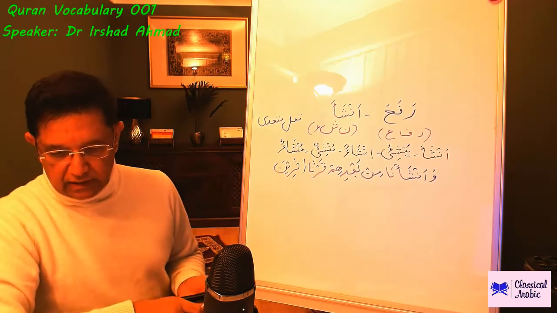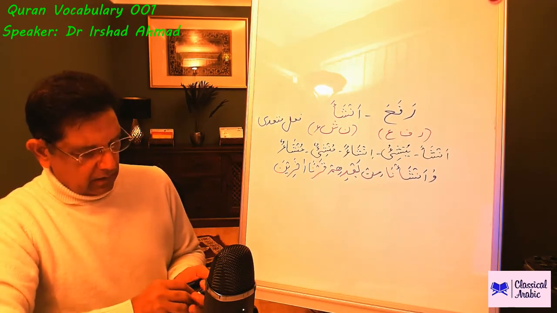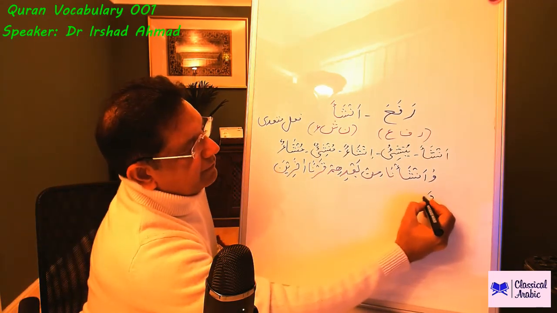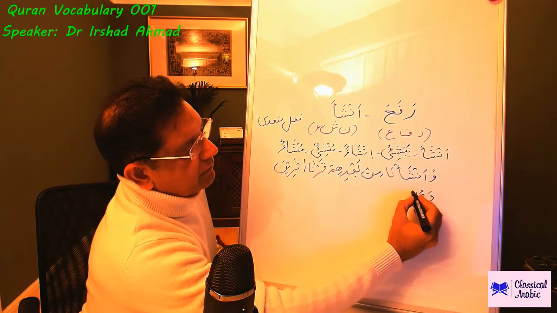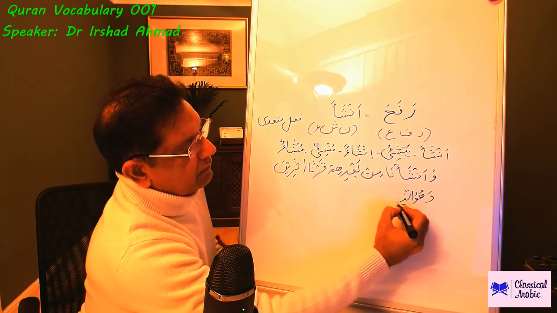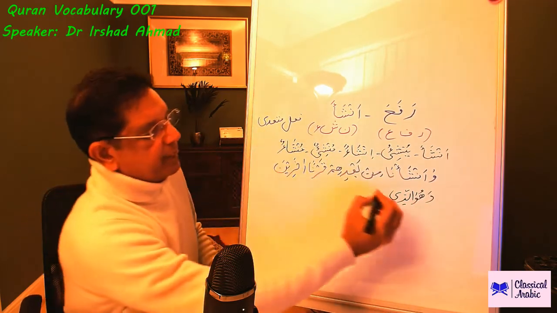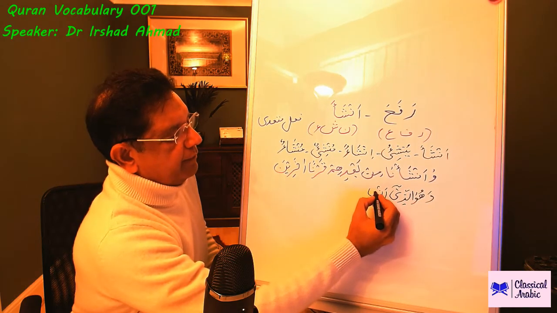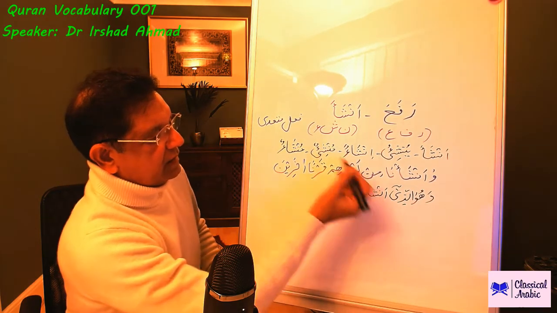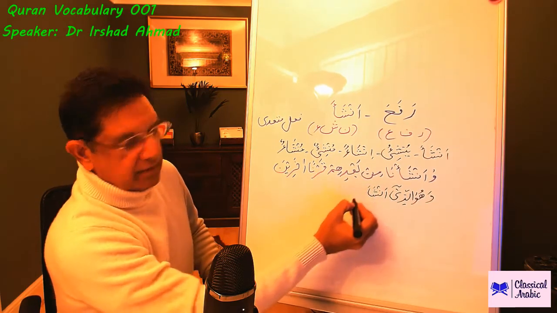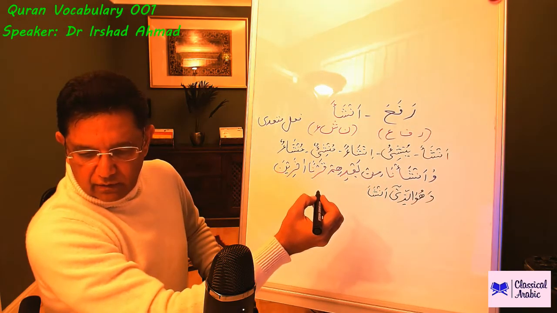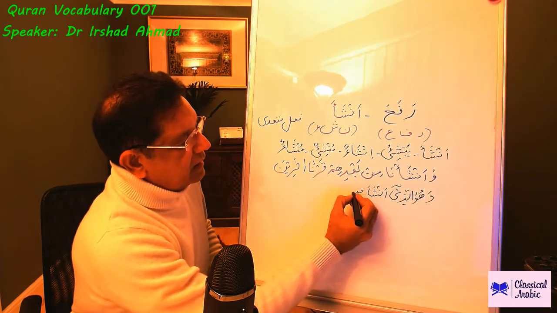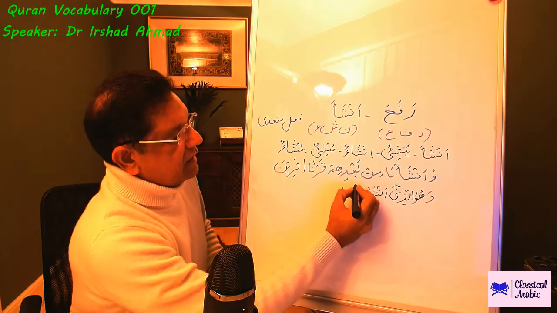Another example is وَهُوَ الَّذِي أَنْشَأَ جَنَّاتٍ مَعْرُوشَاتٍ. We can put Hamza here, I'll just write Fatha on it. Again, this is a standing Fatha.